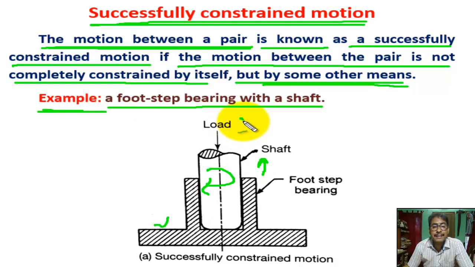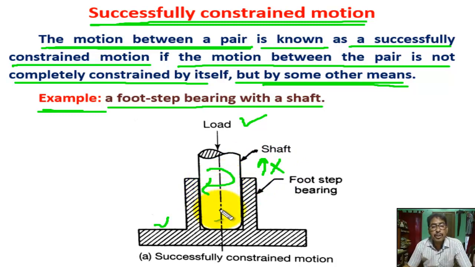But if in the downward direction a load is placed on the shaft, then the shaft cannot have upward movement. This upward movement of the shaft will no longer happen.